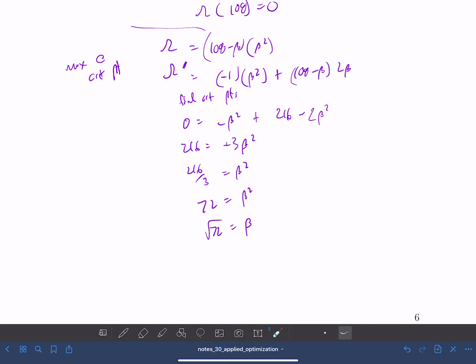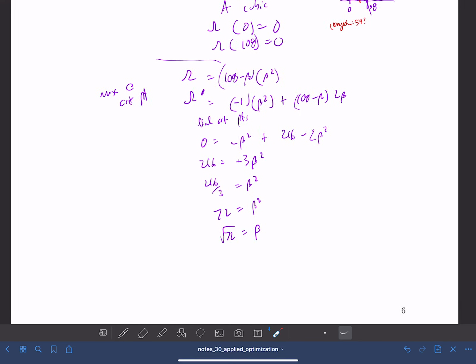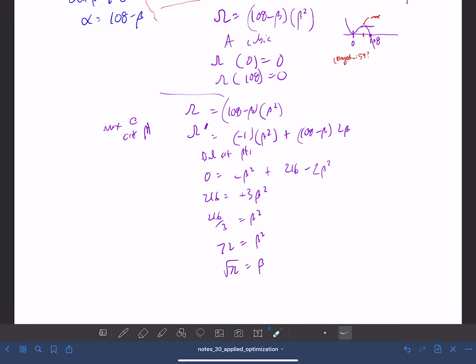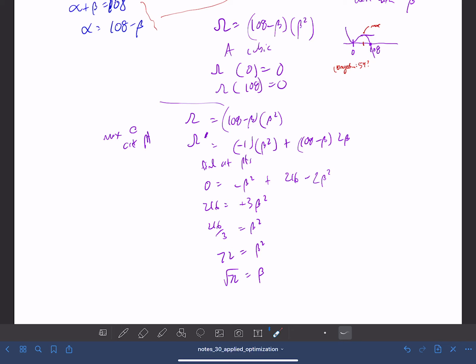All right. Root 72. Yeah, I was pretty wrong. I feel like I'm still making a mistake here. I really do feel like I'm making a mistake here. But that's okay. If I did make a mistake, then that's okay, because someone in the class will find it and I will reward them with bonus points.